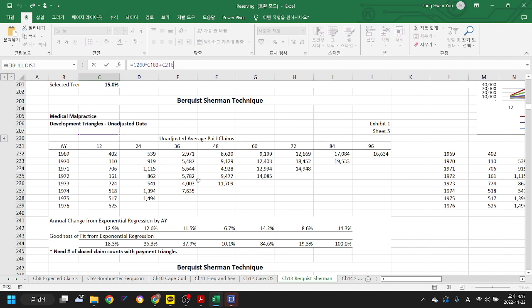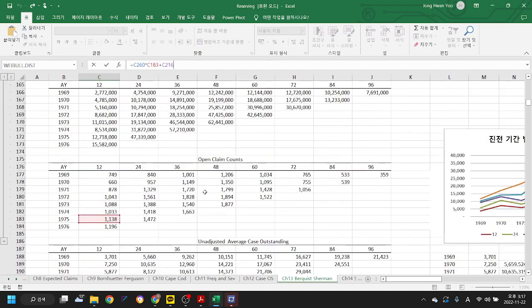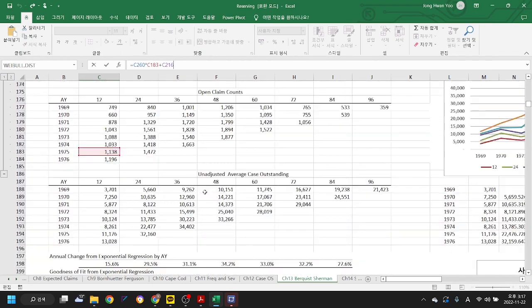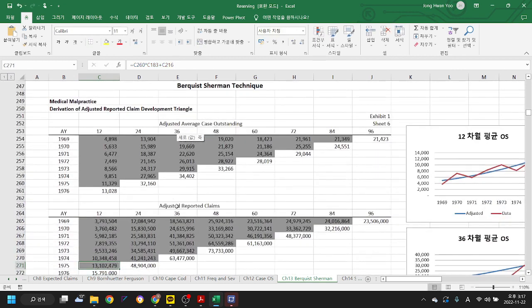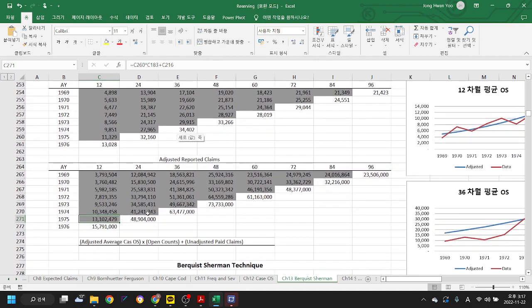Plus paid loss. So adjusted average case outstanding times open claim count plus paid loss. And that's what I got here, the adjusted reported claim.